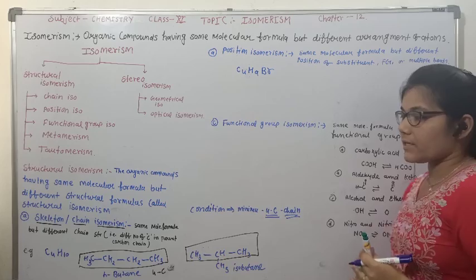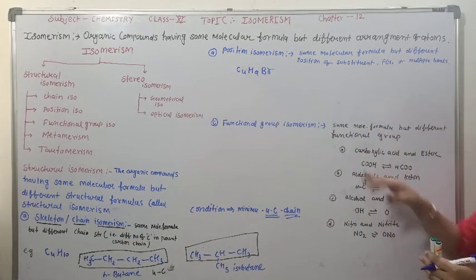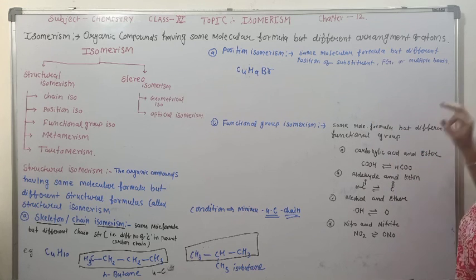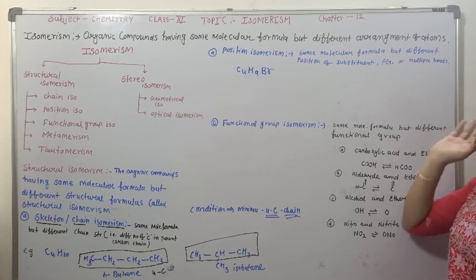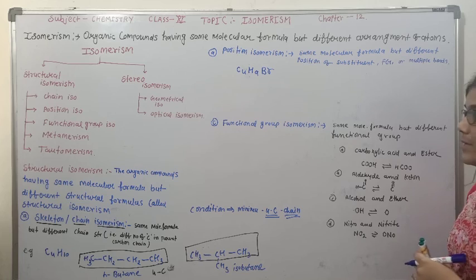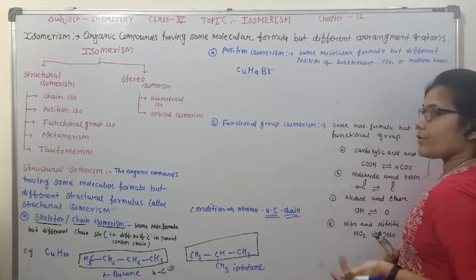One hydrogen is replaced by bromine. So the compounds having the same molecular formula but different positions of the substituent, functional group or multiple bonds are called position isomerism.